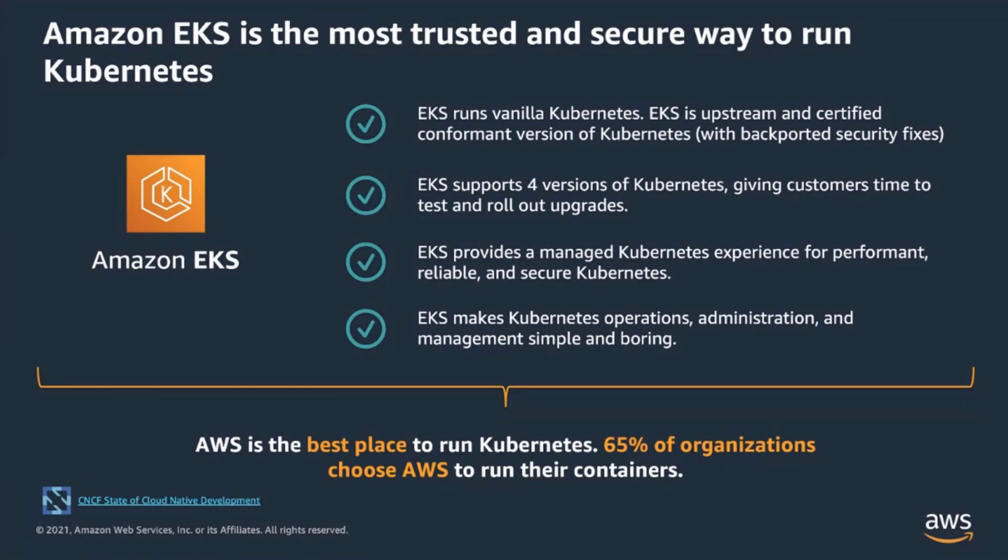And lastly, our goal with EKS is to reduce the complexity of Kubernetes operations. So to summarize, what we strive to provide with Amazon EKS is a managed experience with Kubernetes. And we want to ensure that with EKS, our customers get the best experience of running Kubernetes for their applications.